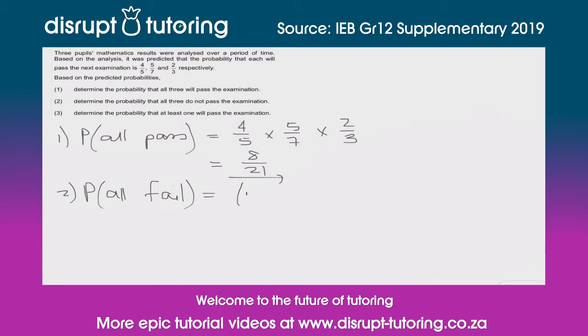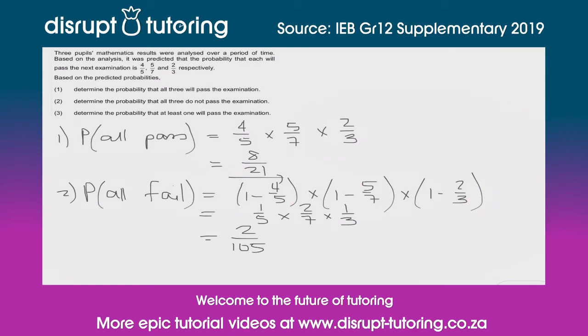So it would be 1 minus 4/5 times 1 minus 5/7 times 1 minus 2/3. That gives us the probabilities of them not passing. So that's going to be 1/5 times 2/7 times 1/3. And when we plug that into our calculator, we'll get the answer of 2/105.